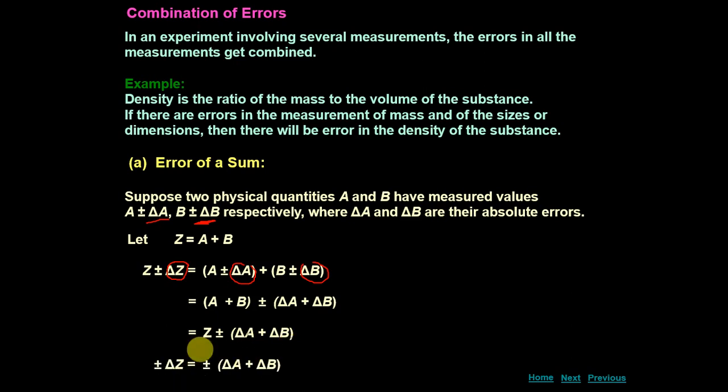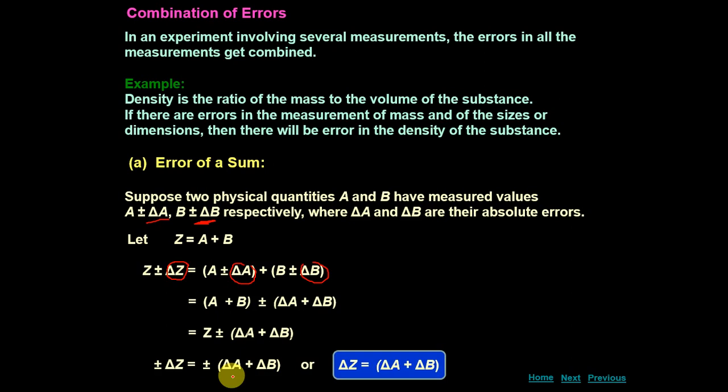So what is ΔZ? If you compare the two sides, ΔZ, the error introduced in the sum of the two numbers, is equal to ± (ΔA + ΔB). That means the absolute errors of the two physical quantities to be added get added and give you the absolute error in the sum.